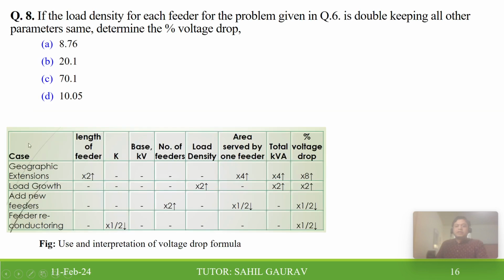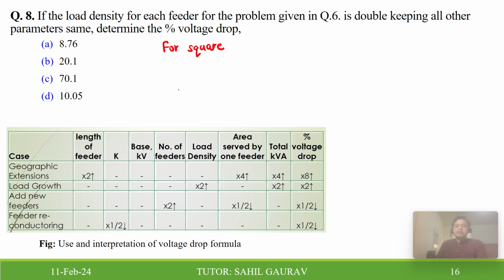So the first problem is: if the load density of each feeder for the problem given in question 6 is double, keeping all the parameters same, determine the percentage voltage drop. We have seen this for a square distribution substation service area.